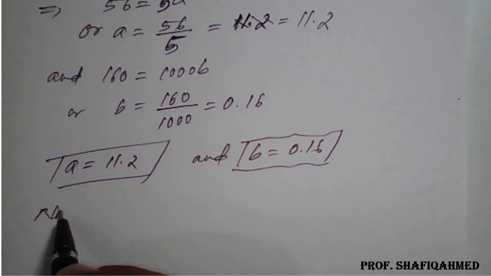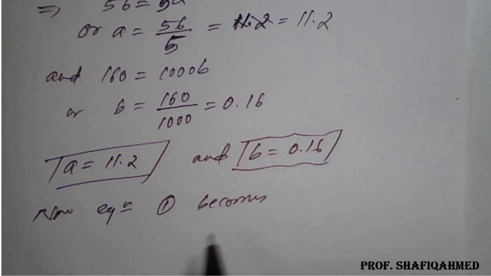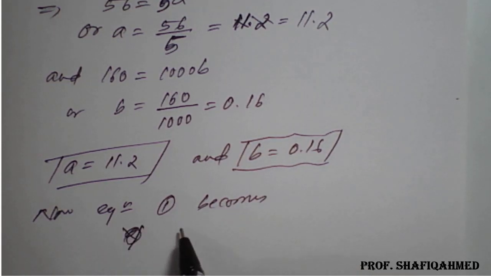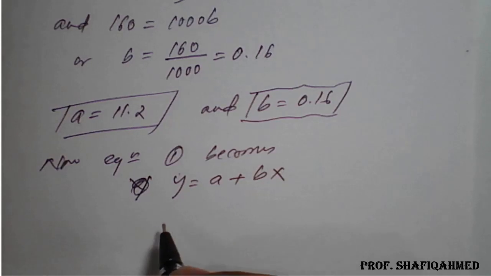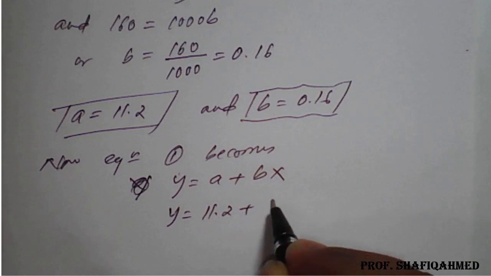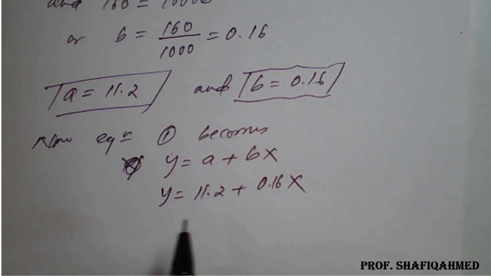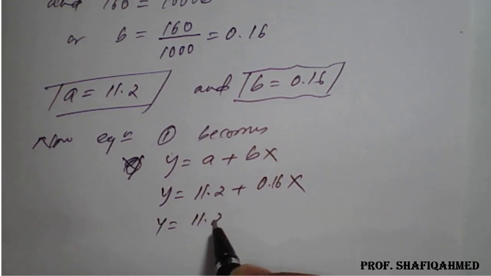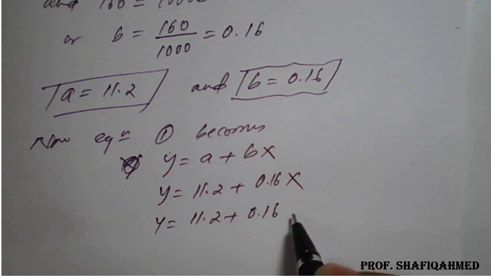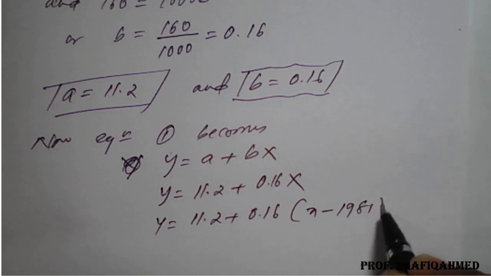So now equation 1 becomes, that is y is equal to a plus b into capital X. That is y is equal to a value 11.2 plus b value 0.16 into capital X. But as we know, capital X is nothing but small x minus 1981.